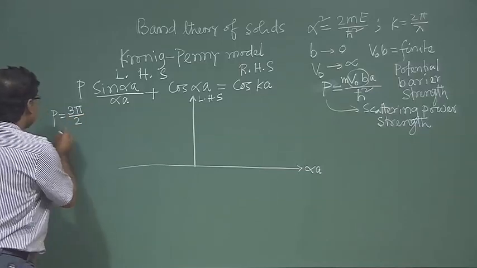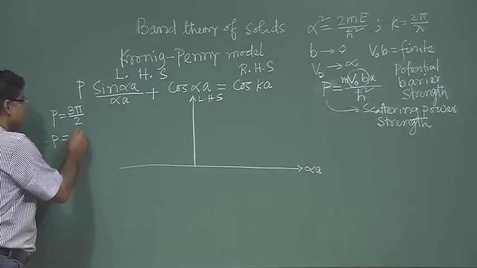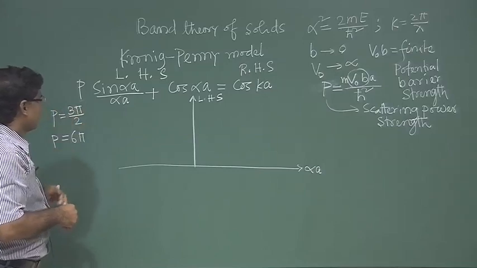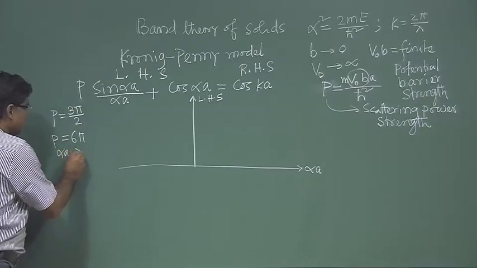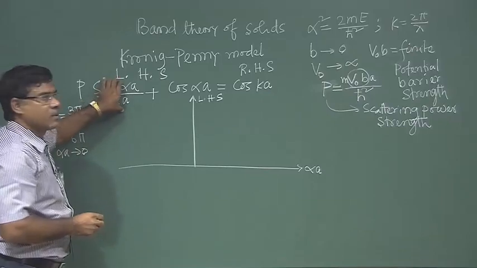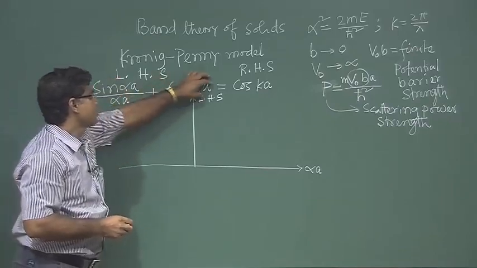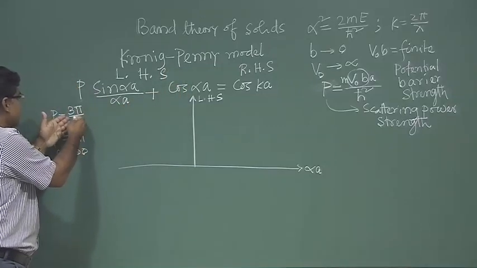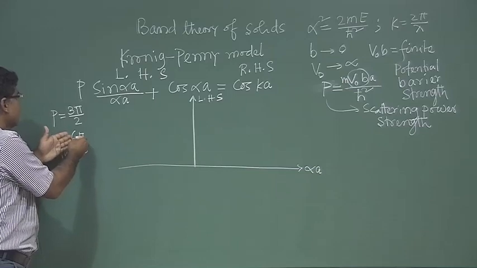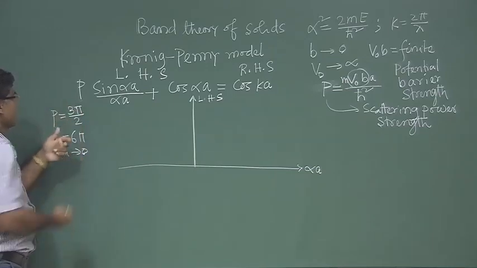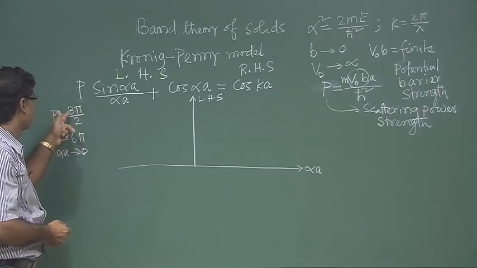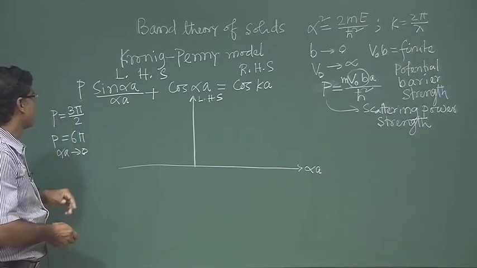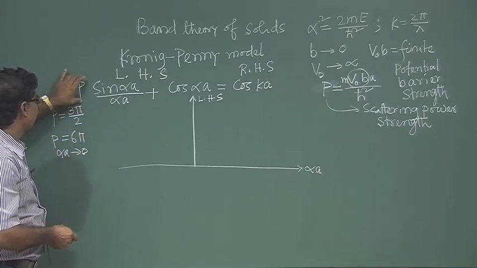You can also take P equal to 6 pi by 2. When alpha a tends to 0, this term will be 1 and this term is also 1. 3 pi by 2 is nearly 4.5, so P value is 4.5.